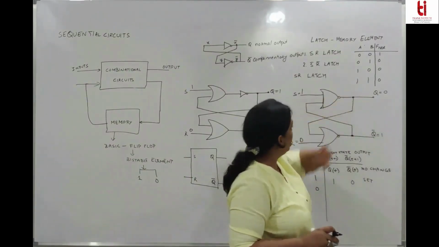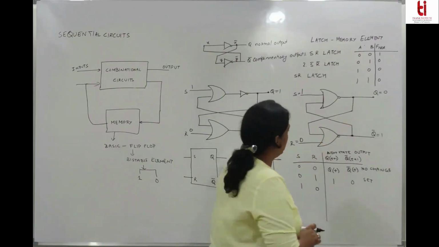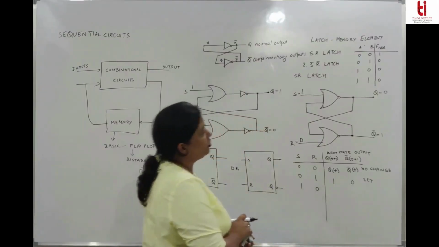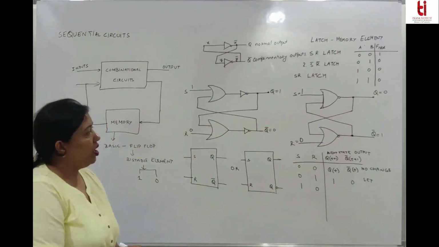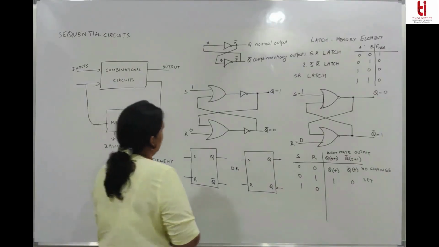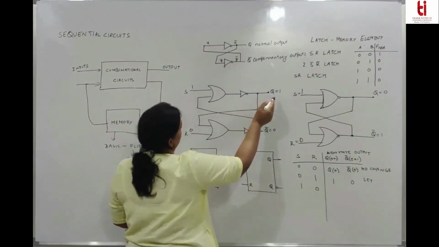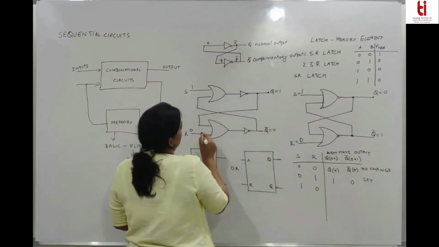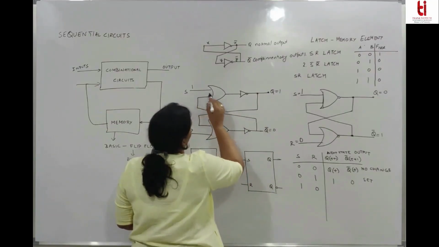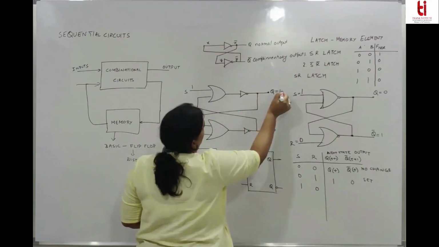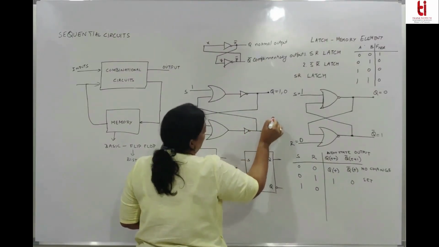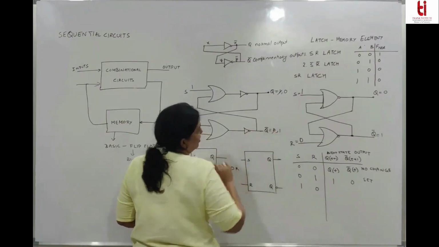Nothing else matters. As soon as one input is 1, Q will become 0. When this is 0, 0 0 will be 1. So if Q is 0, the previous output, and if we make S 1, then output Q remains 0. If previous output is 1, 1 0 will give you 0, 0 1 will give you 0, 0 0 will give you 1. So final output will be this one.